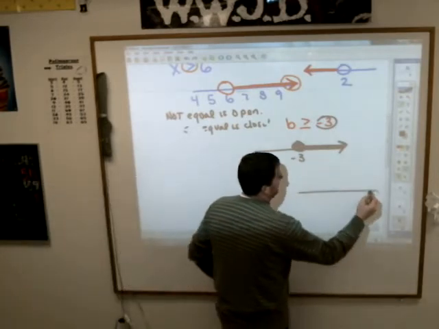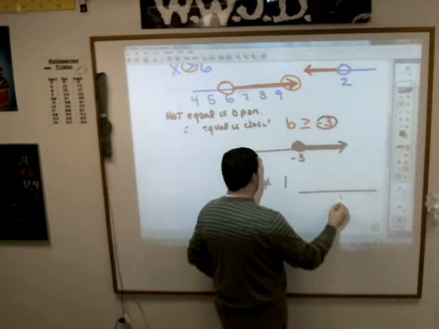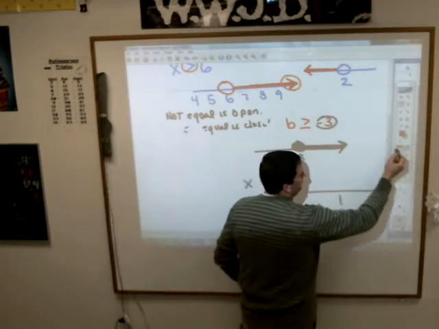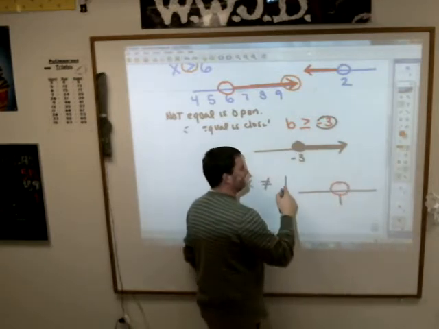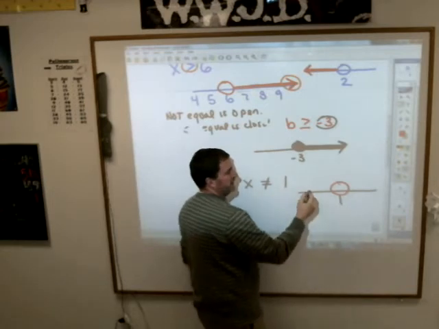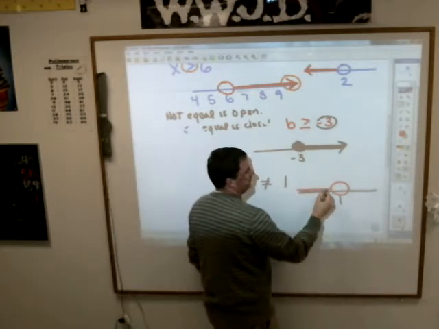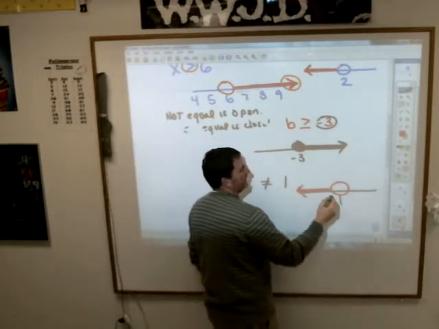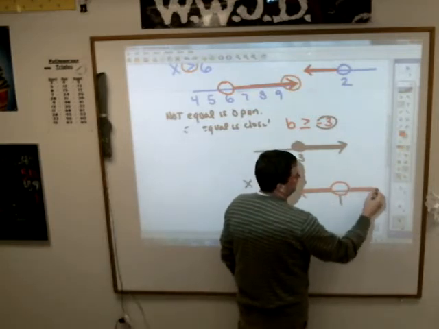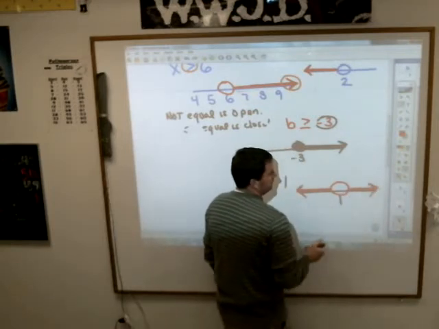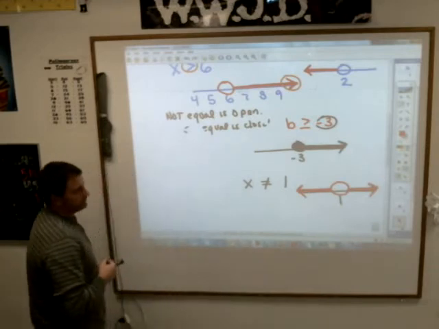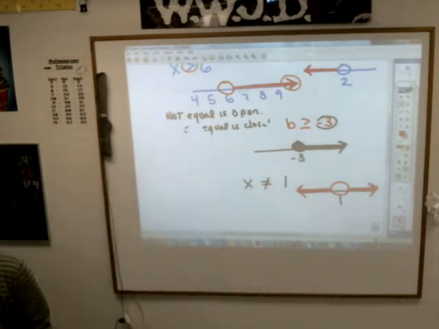You have your line, you have 1, you have an open circle at 1 because it can't equal 1, and then this thing actually goes in both directions because it can be anything except for 1. Easy enough.